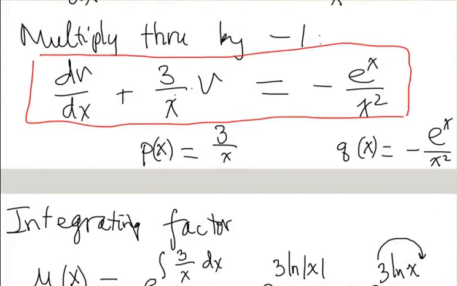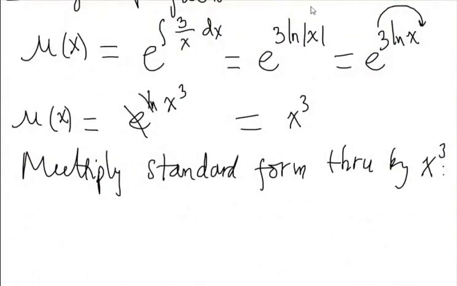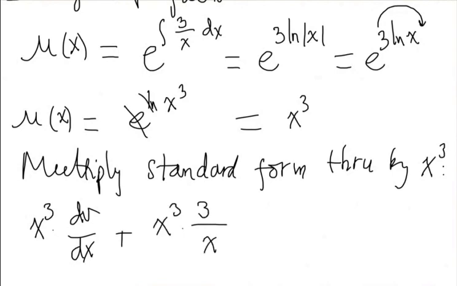So each term must be multiplied by x cubed. So on the left, we have x cubed dv dx plus x cubed, and then 3 over x v. On the right, we have minus e to the x over x squared, and then we multiply by x cubed.